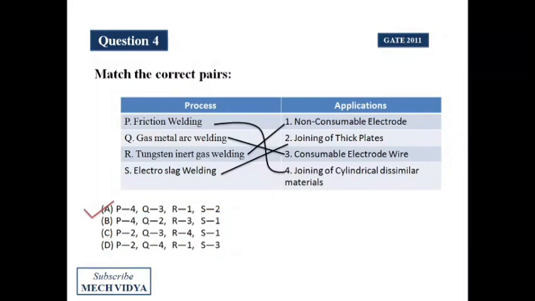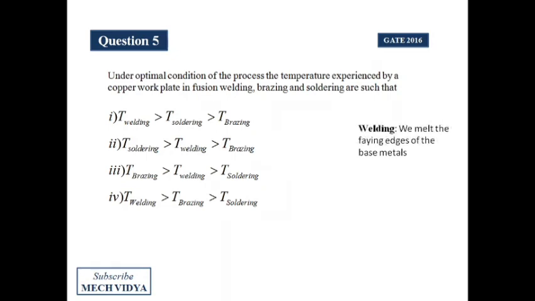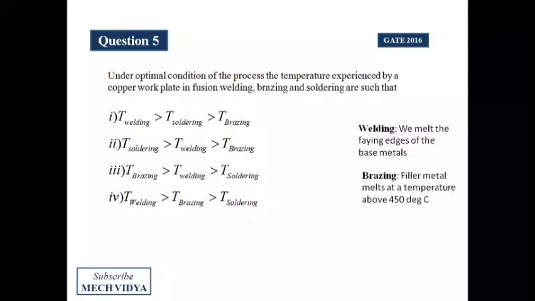And the last question of this video is, under optimal condition of the process, which of the following options is correct? So we know from our knowledge that in welding we melt the faying edges of the base metals. So in welding the temperature has to be the highest as compared to soldering and brazing. In brazing we use filler metals which melt at above 450 degrees centigrade.